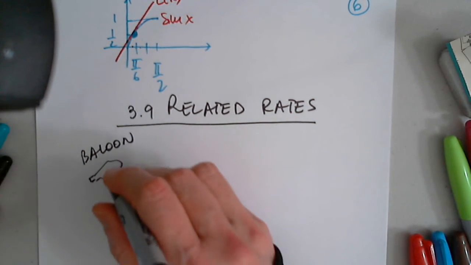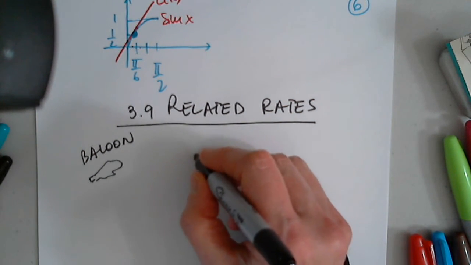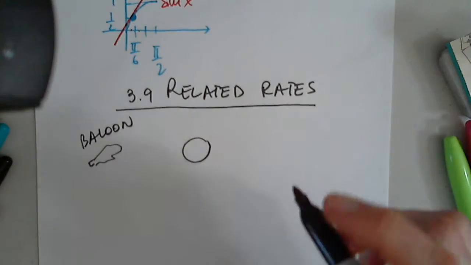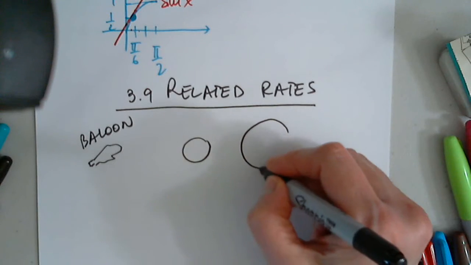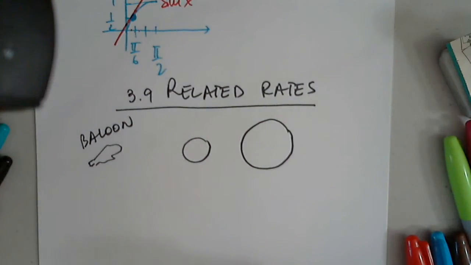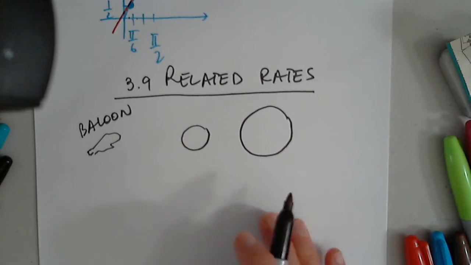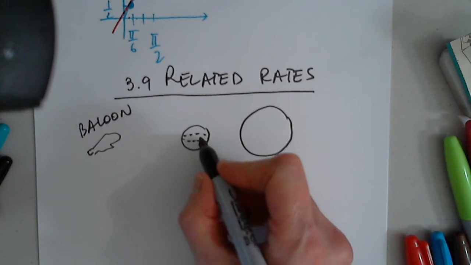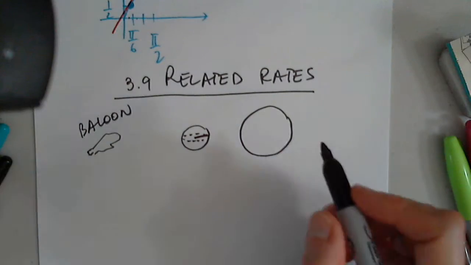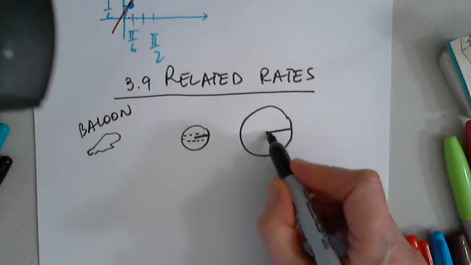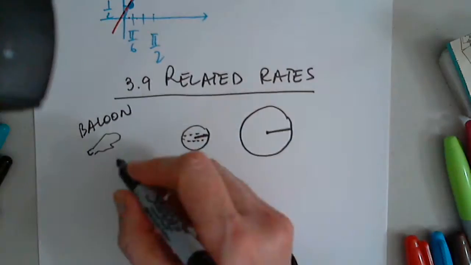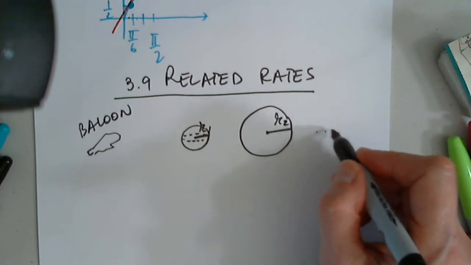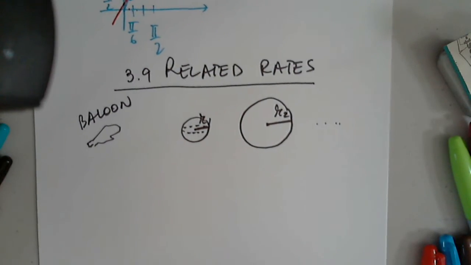So I pump air in the balloon, and at some stage it has this shape. I pump in more, and then it's at this shape. What happens here? Obviously, the radius changes. So the radius at this stage is R1, at this stage is R2, and depends on where I stop.